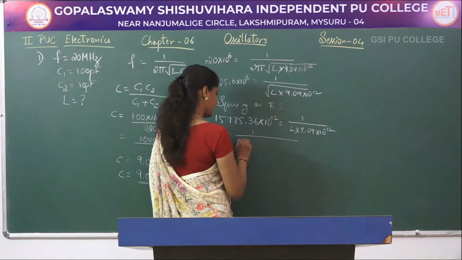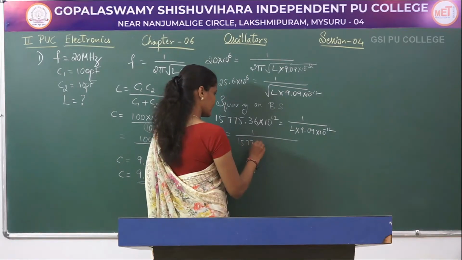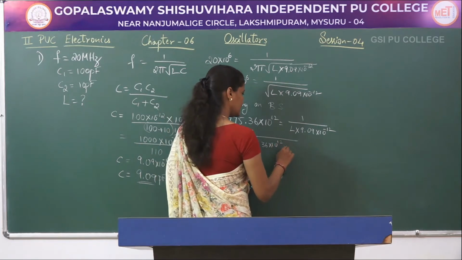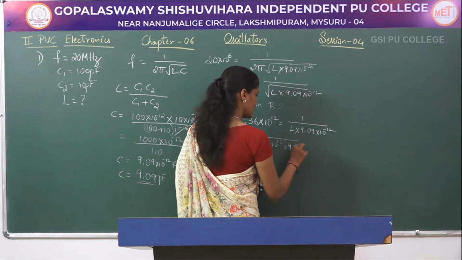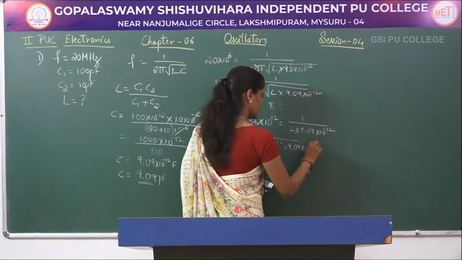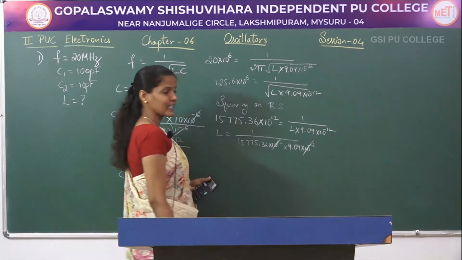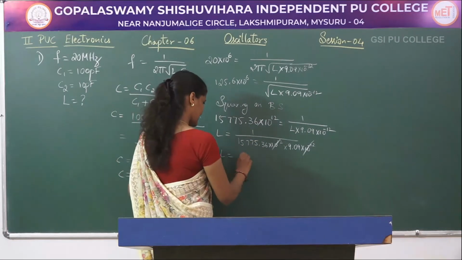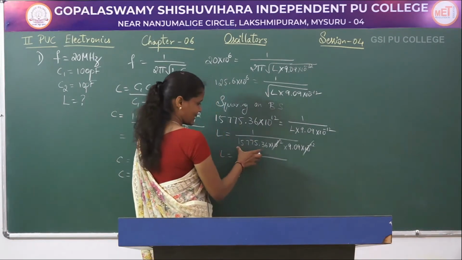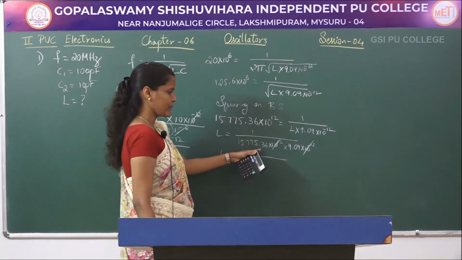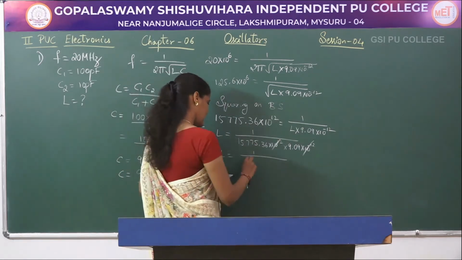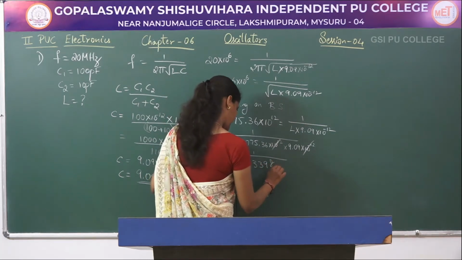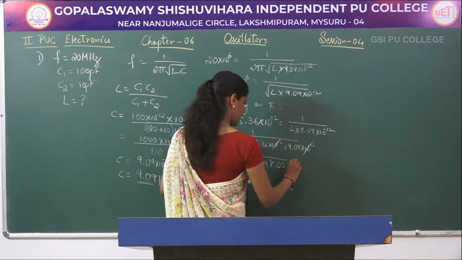L equals 1 divided by 15775.36 into 10 to the power of 12 into 9.09 into 10 to the power of minus 12. 10 to the power of minus 12 and 10 to the power of plus 12 get cancelled. So, I will be left with L as 1 divided by, multiplying 15775.36 into 9.09, I will be getting 143398.0224.